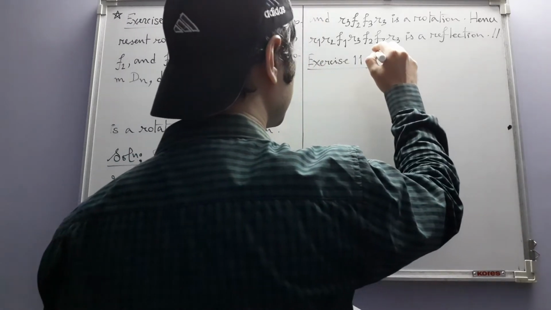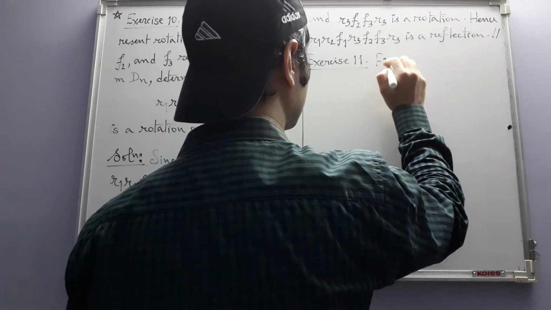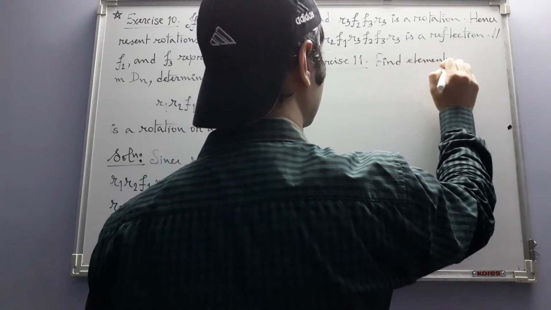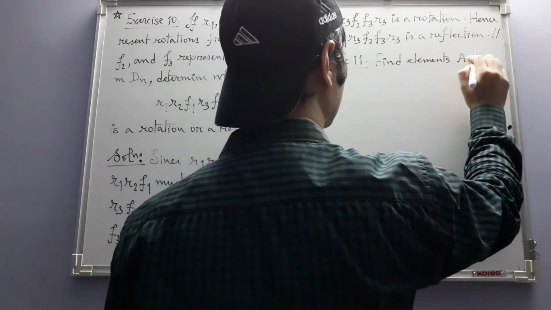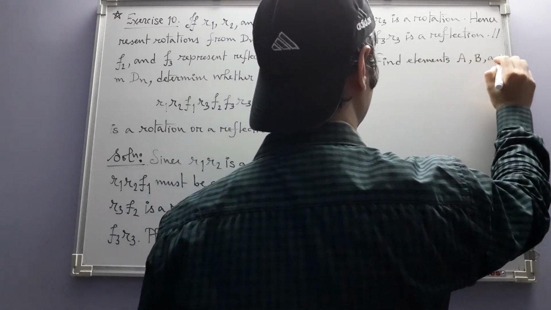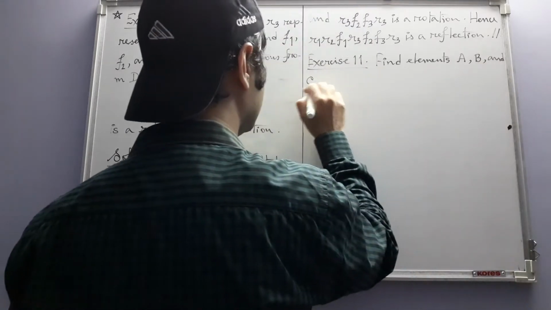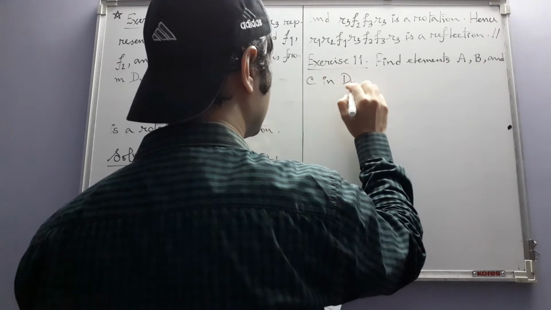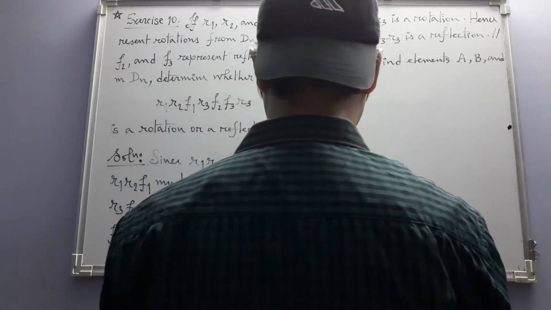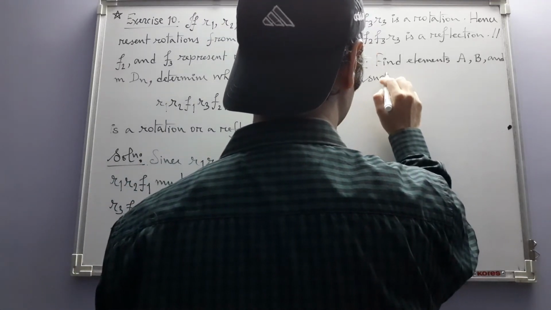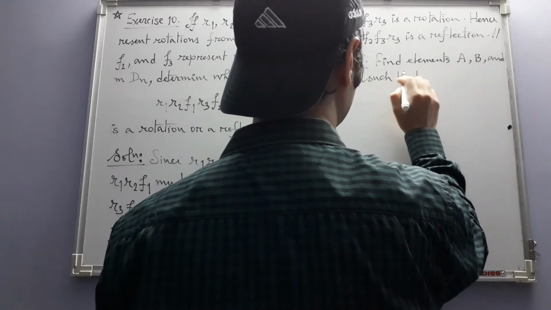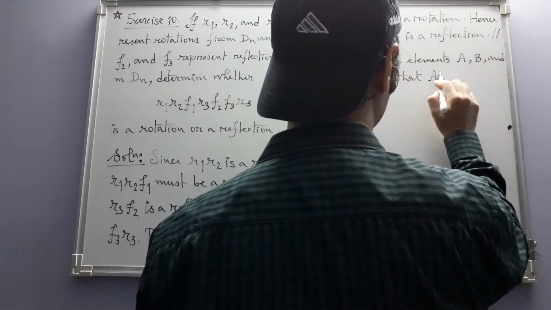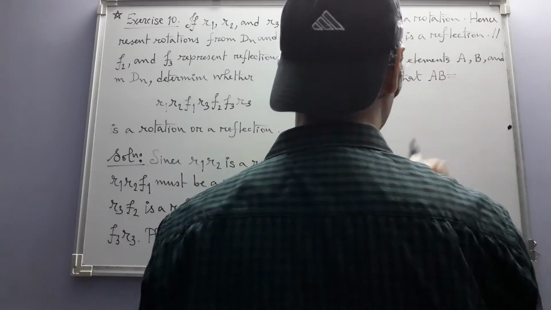Find elements A, B and C in D4 such that AB is equal to BC, not AB equal to AC.